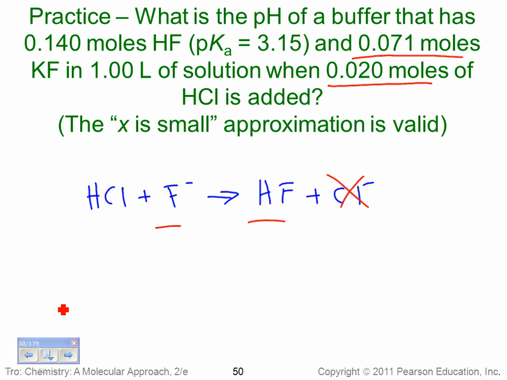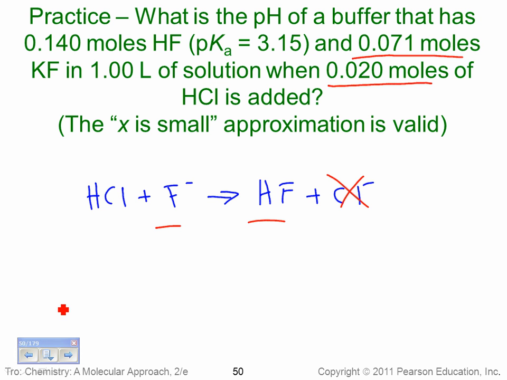And again, this reaction is not an equilibrium. Strong acids, strong bases don't participate in equilibrium. They drive to completion. The same kind of chemical reaction we've always expected. So, those 0.02 moles of HCl are going to reduce this fluoride by 0.02 moles.